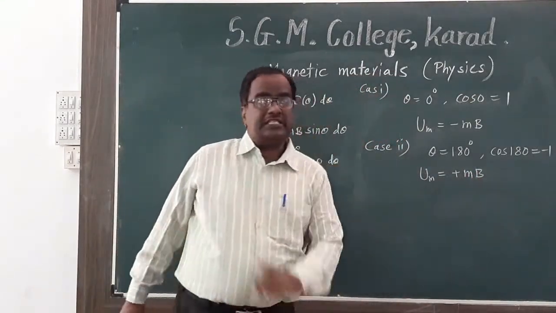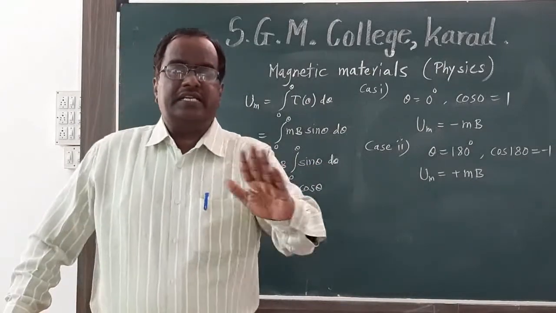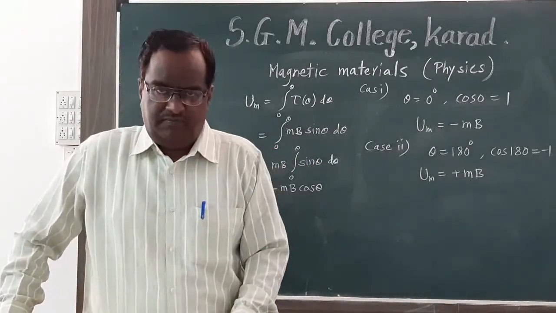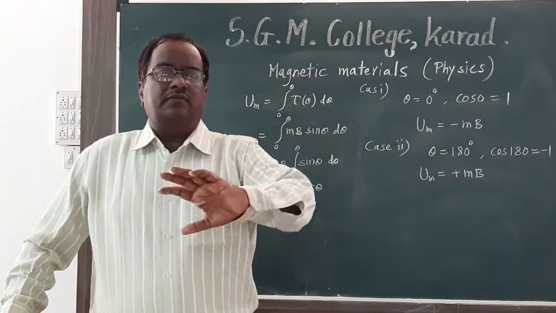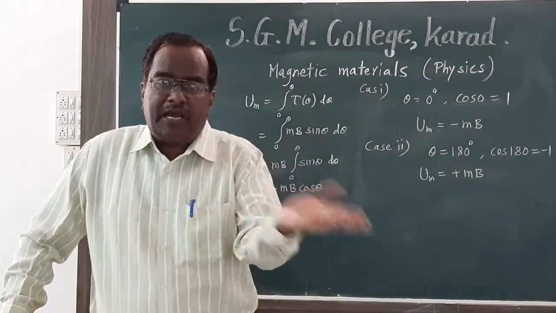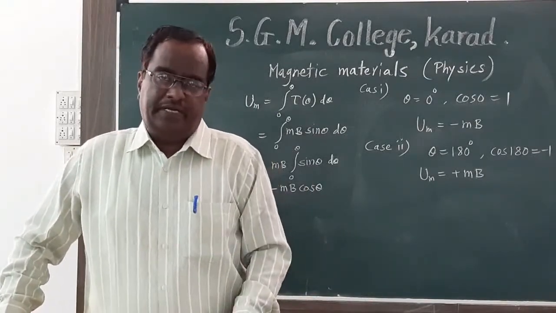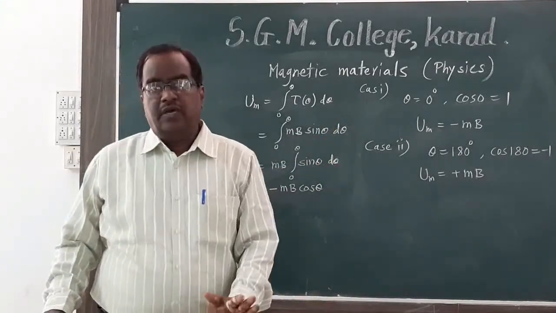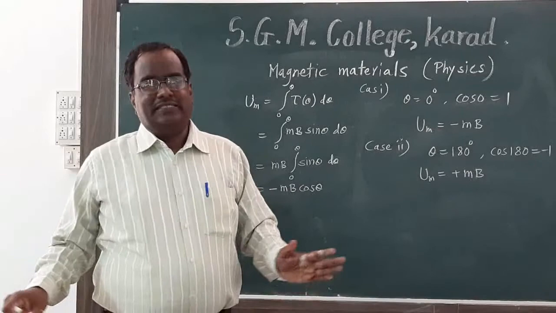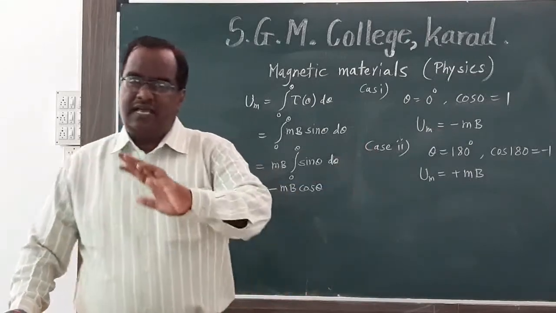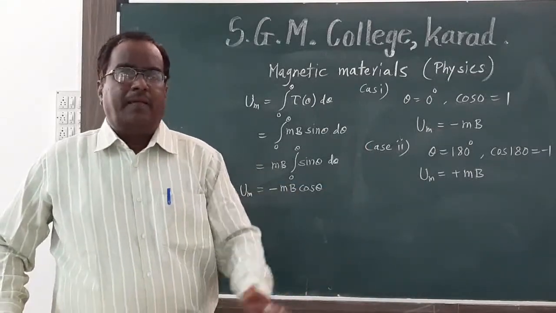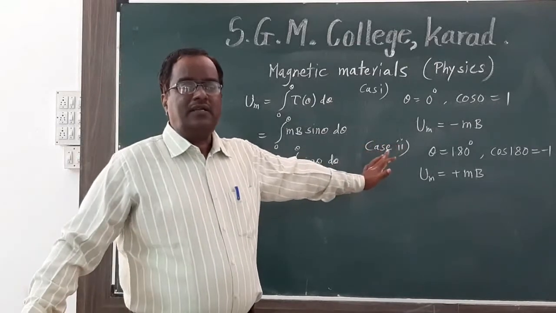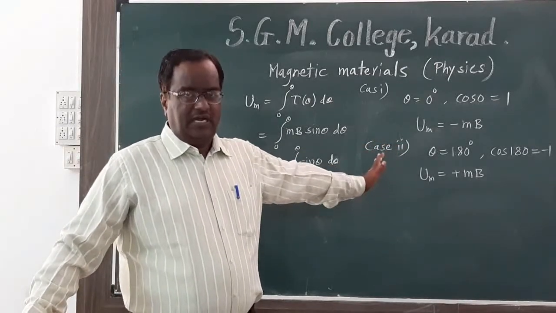From this expression, it is clear that potential energy is maximum when the magnet is anti-parallel to the magnetic field. Potential energy is maximum, but in this state, when the axis is anti-parallel to the magnetic field, the magnet is in unstable state.